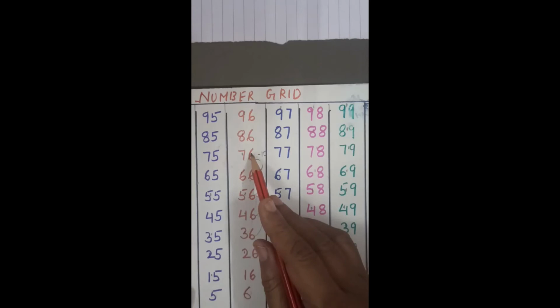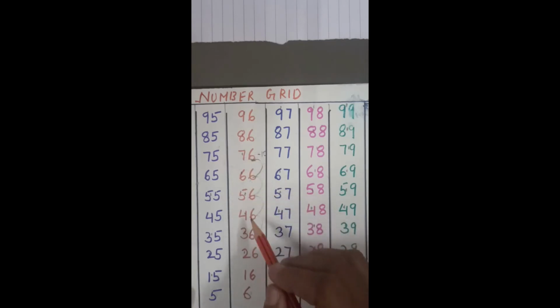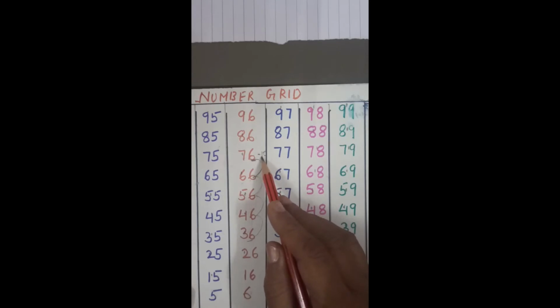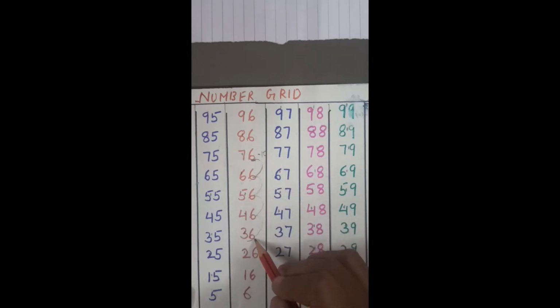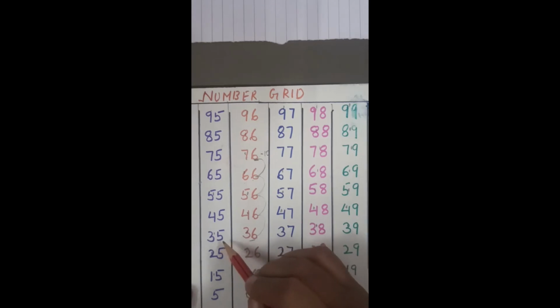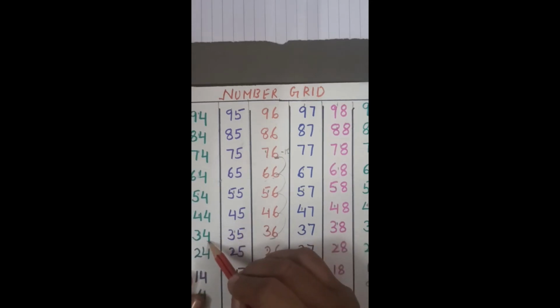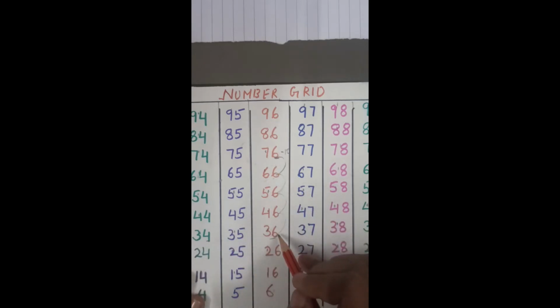So whenever we subtract 40 from 76, what do we get? We get 36. Okay? And then suppose instead of 40, I have 42 to subtract. So first we'll come down to 40 and then move back, because it is subtraction. We'll do reverse counting 2 more times. You can see when we subtract 1 from 36, you get 35. When you subtract 1 more time, you get 34. So what have we done? We have subtracted 40 and 2, that is 42.